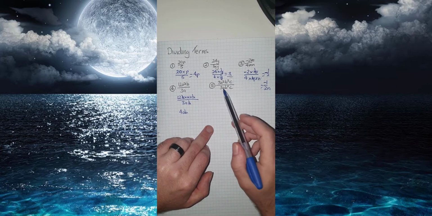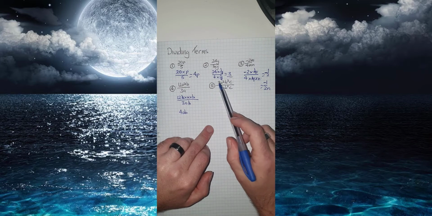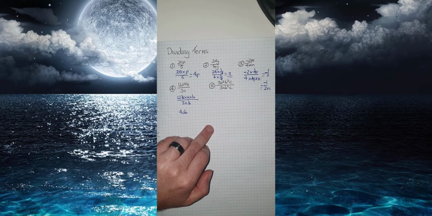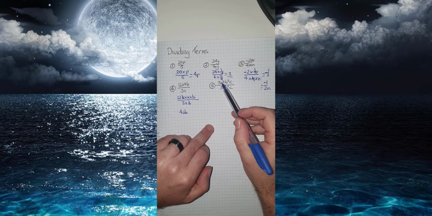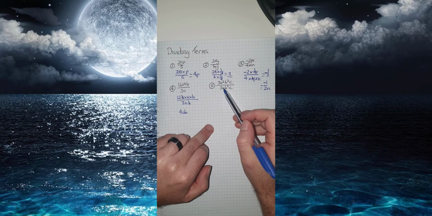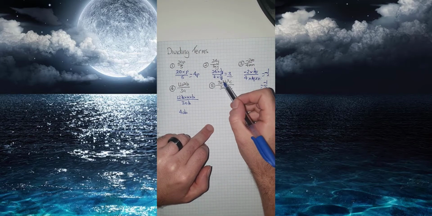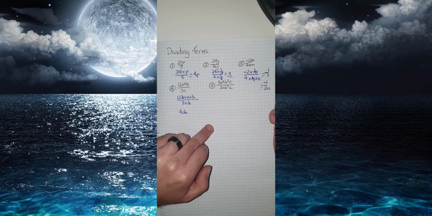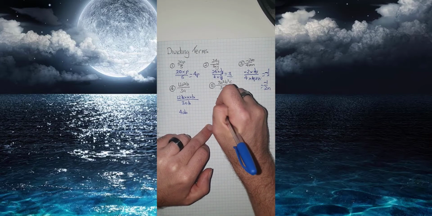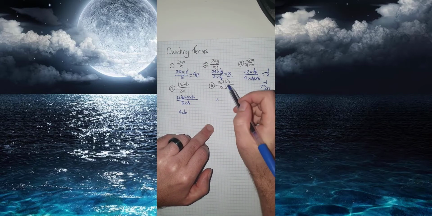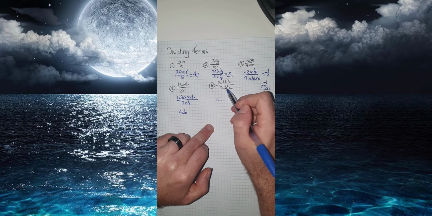We're going to have a look at this. 3 divided by 3. Deal with the numbers first, which is 1. I don't need to write 1. So if I've got a to the power of 2, and I've got a essentially to the power of 1, what I can do is 2 take away 1. 2 take away 1 is 1. I've only got 1a there. Now b to the power of 2 and b to the power of 2.